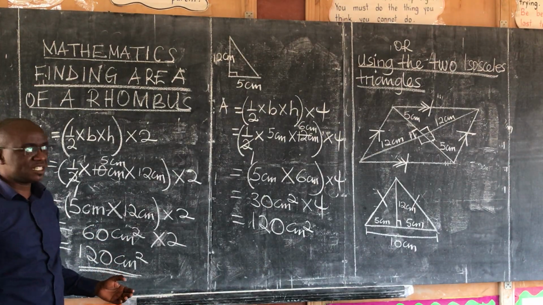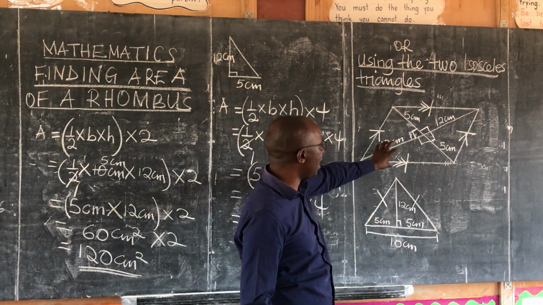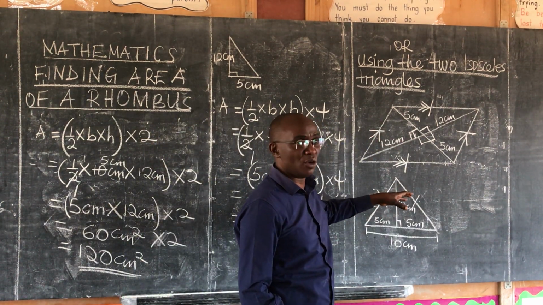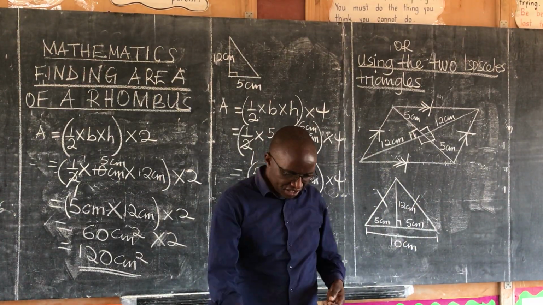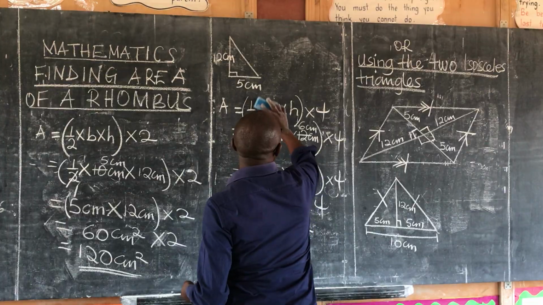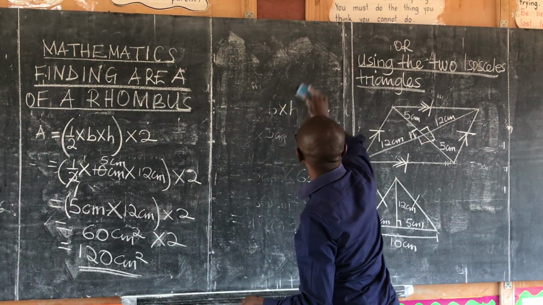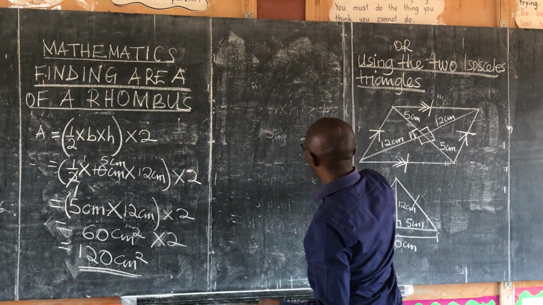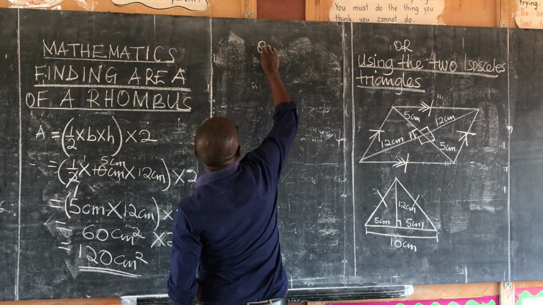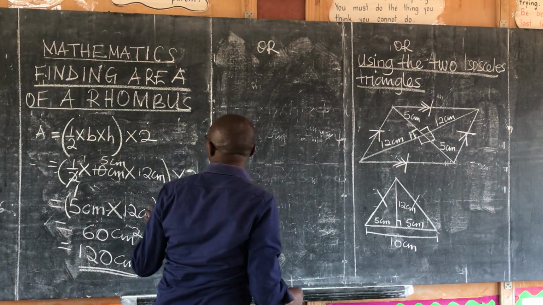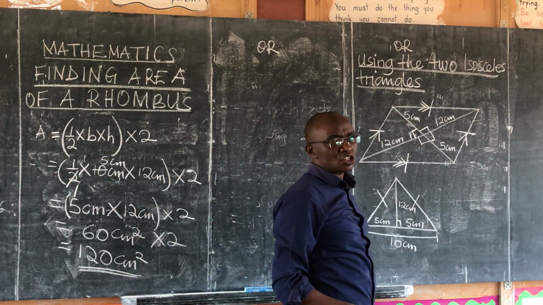So we have used 3 methods. But now, let me use the other isosceles triangle, if I make another extraction. So now, another alternative, but still using the two isosceles triangles.